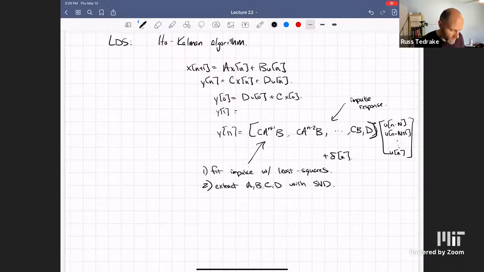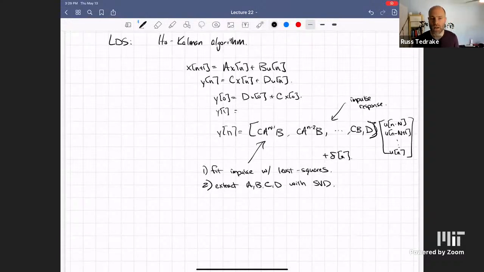A, B, C, and D are not actually unique, or well, A, B, and C in particular are not unique. We'd mentioned before the similarity transform, but the SVD picks one for you, basically. Picks a perfectly good one.